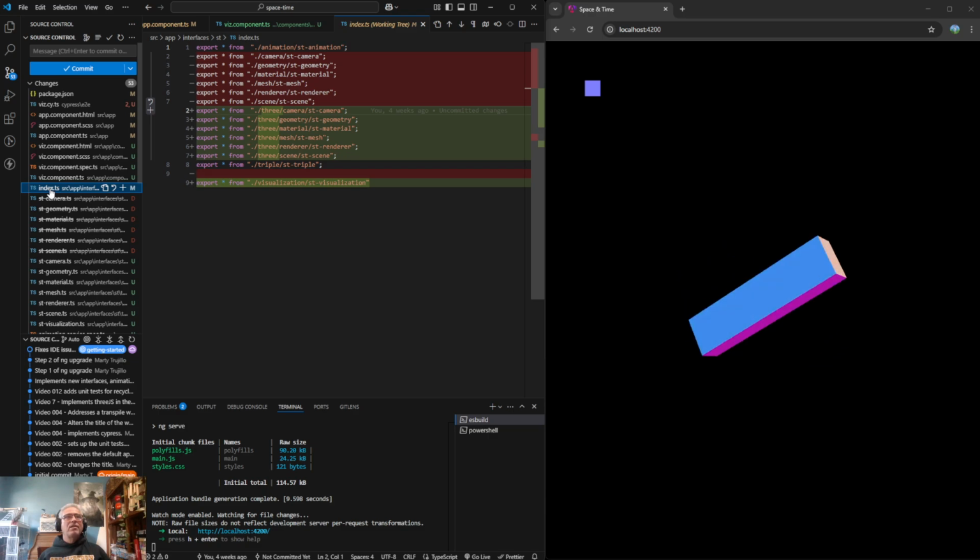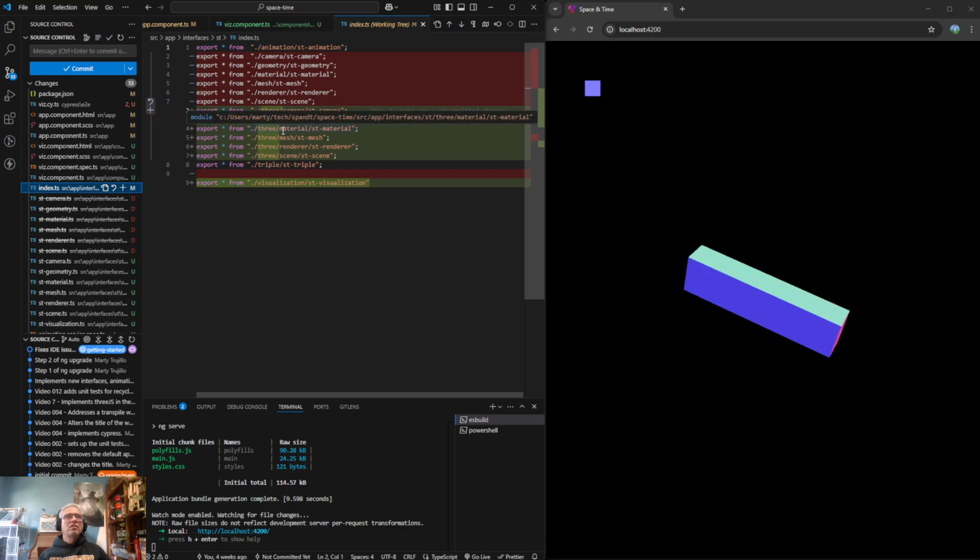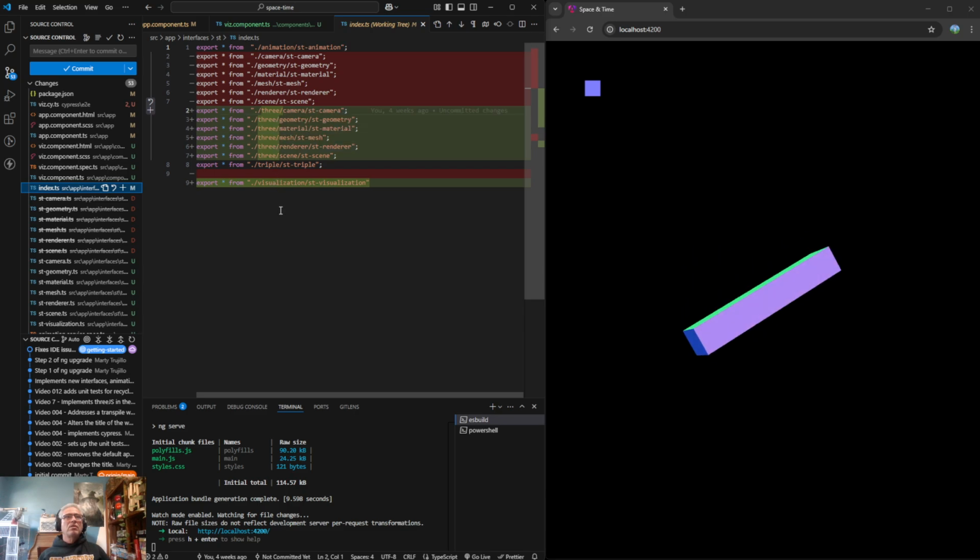We just added some new TypeScript types. It looks like we didn't add, what did we do? Oh, we moved them. We moved them into a 3 folder, which I think makes sense. Scene. So these are all types.